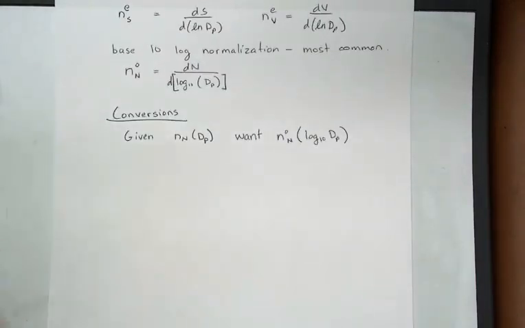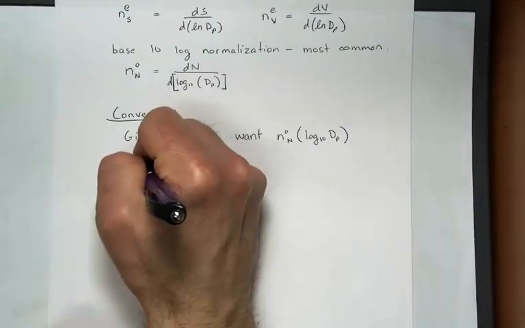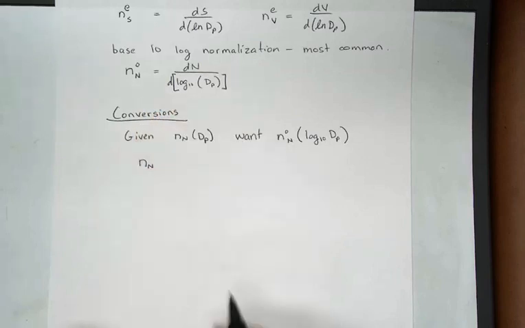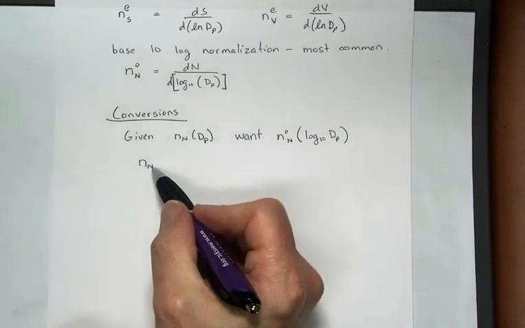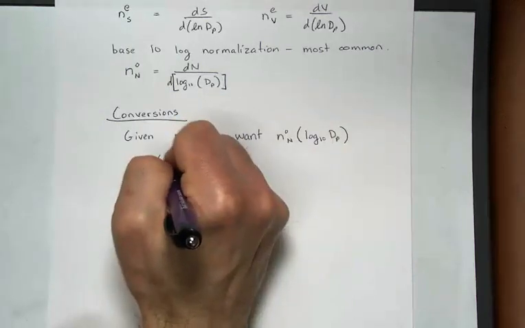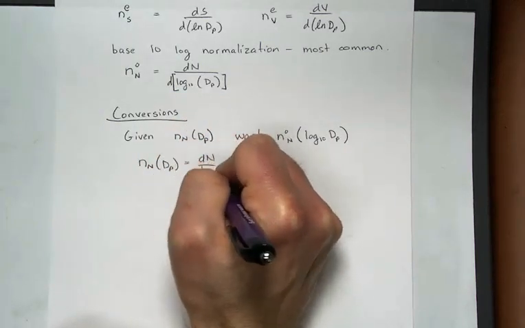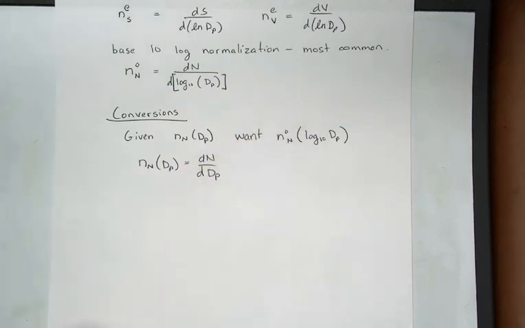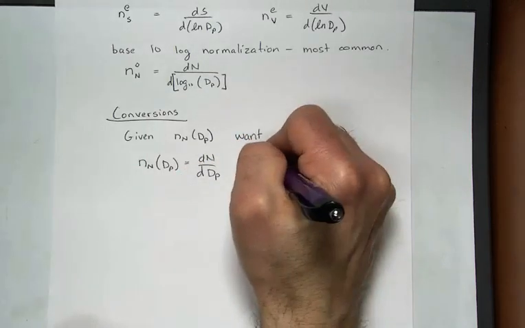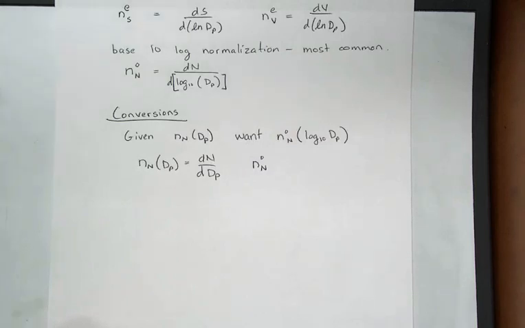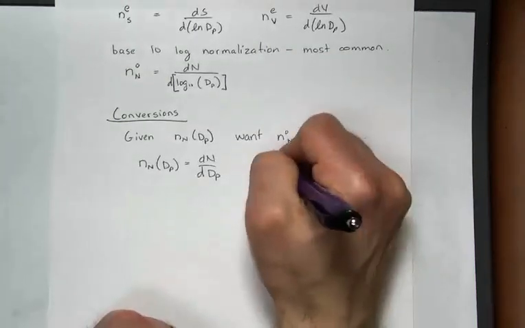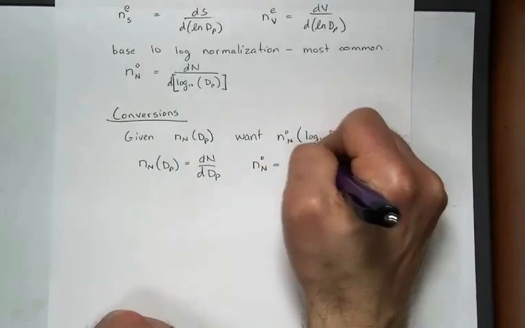Okay, well, this is the definition of the linear distribution function, and this is the definition of the base 10 log normalized distribution.